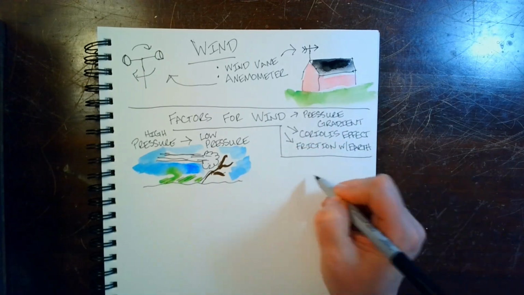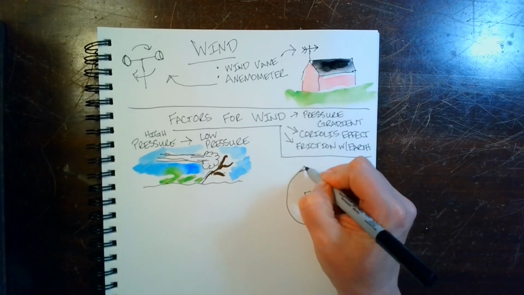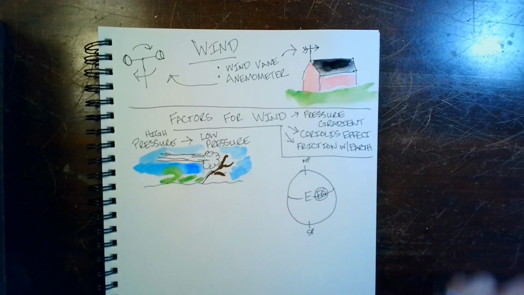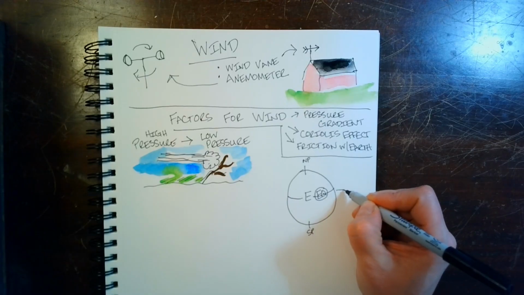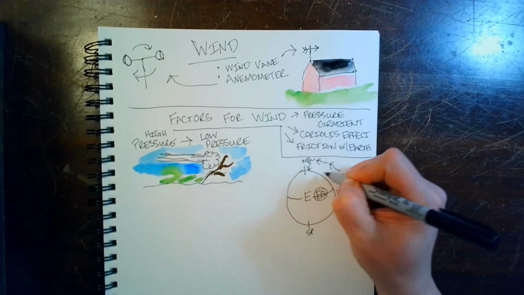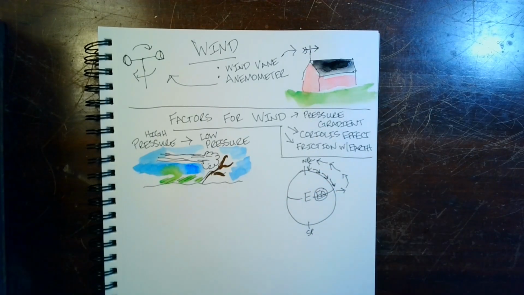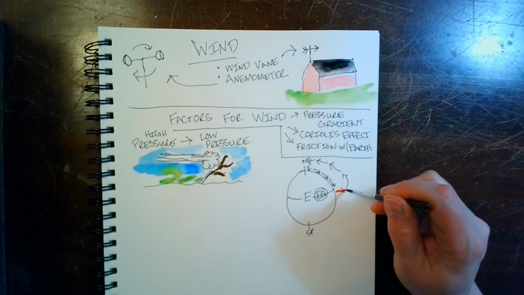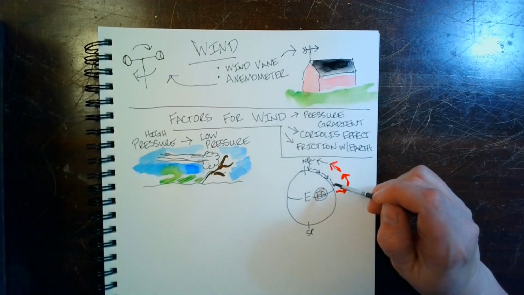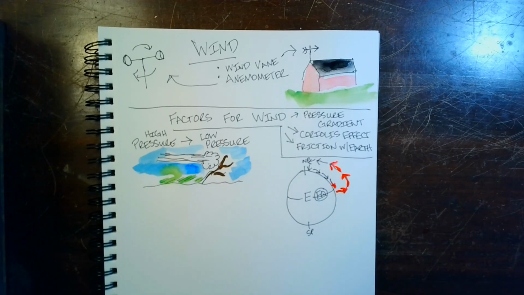So why do these high and low pressure systems exist? Well, it starts with uneven heating of the earth. At the equator, the sun is shining down on the equator all the time, and we have warm air. Warm air rises, which creates this low pressure system. Now, as the warm air circulates up to the poles where it's colder, that air sinks, creating a high pressure system.